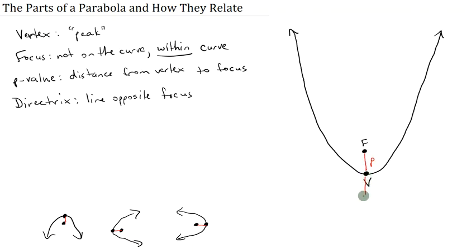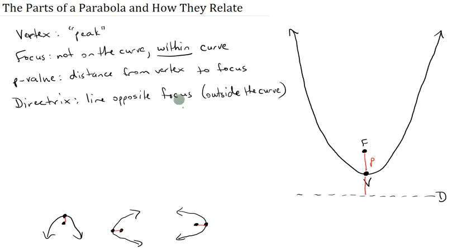So I'll measure p down, and I'll get my line, and in this case it's a horizontal line. If it were a vertical line, it would cut my parabola in half, and the directrix never does that. The directrix is outside of the curve. Never intersects it. So this is the directrix.